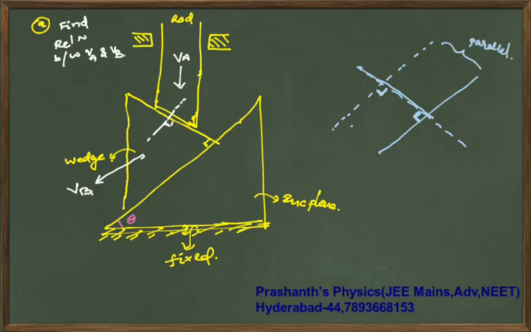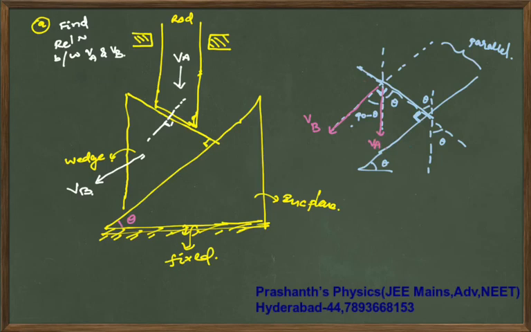Now if you consider the angles here, if this angle is theta, then this will also be theta. Similarly, if you extend this, this angle will be theta and this angle will be 90 minus theta. Very clearly your VB is given this way, VA is this way, because it is vertically downwards.